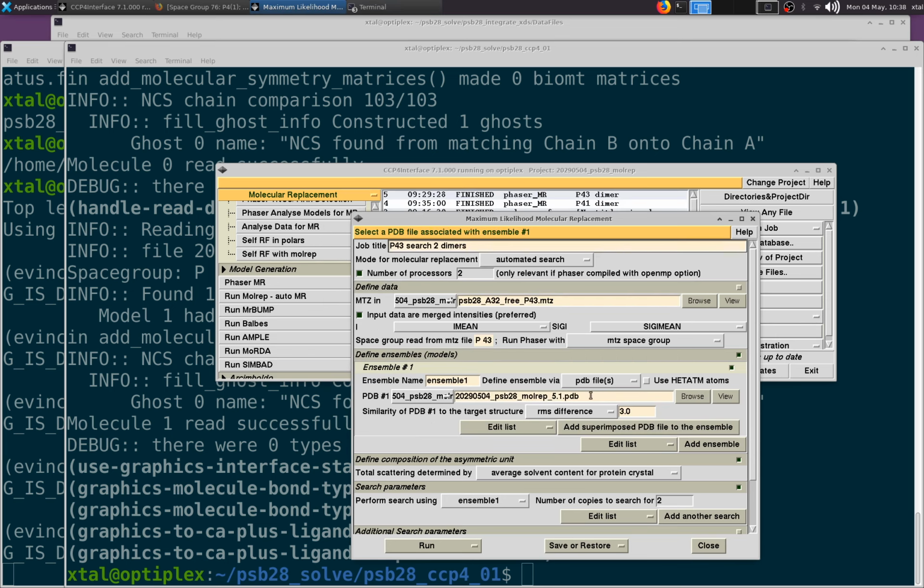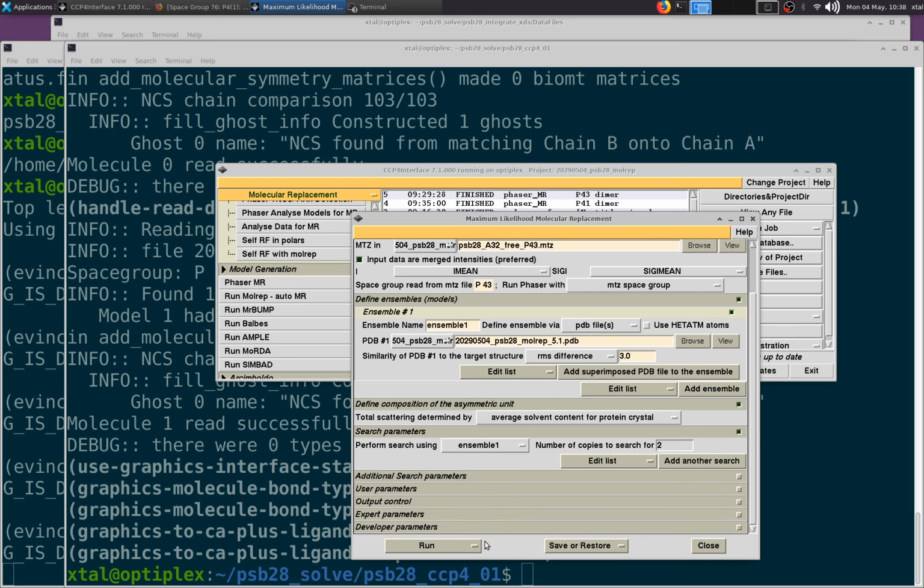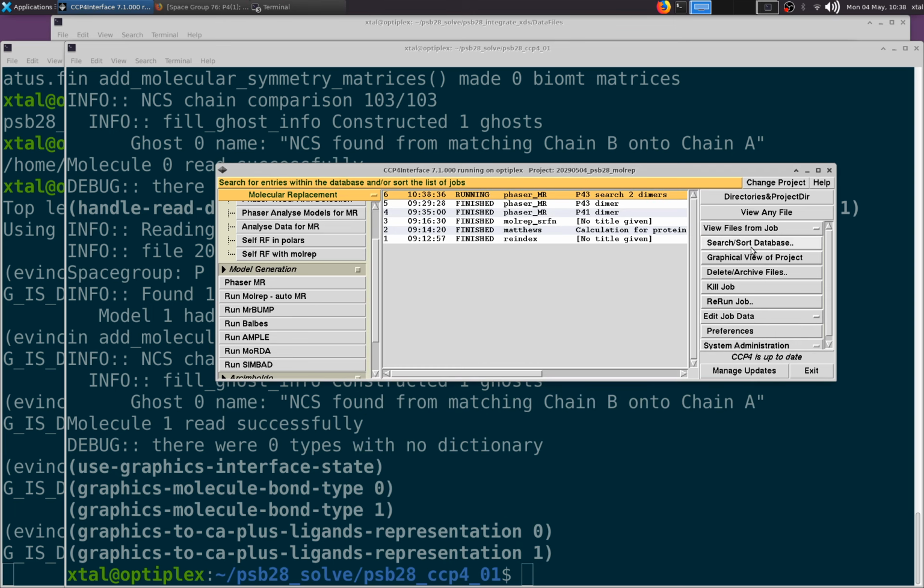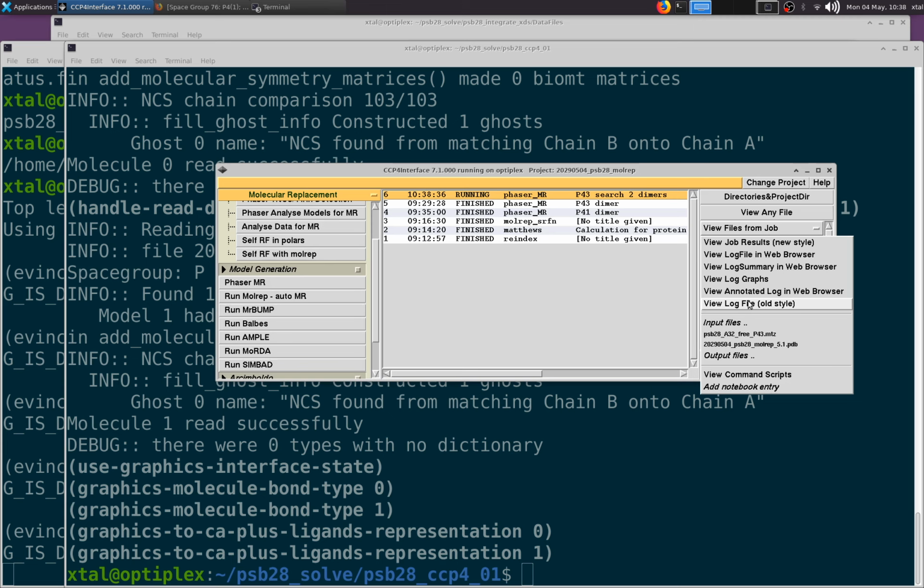So this is now the dimer, and we will now search for 2 of those, and we will assume the same RMSD and leave the defaults. So let's go with that, and this should now be quick. It should only take a minute to run.